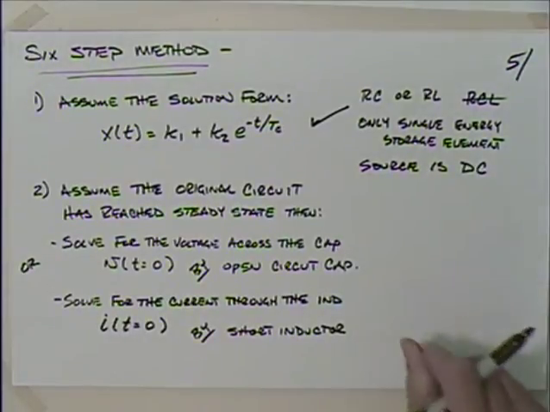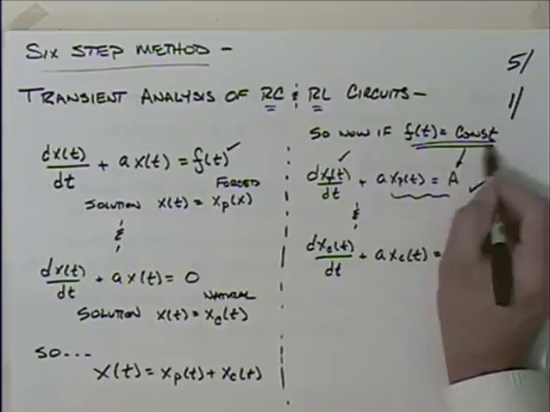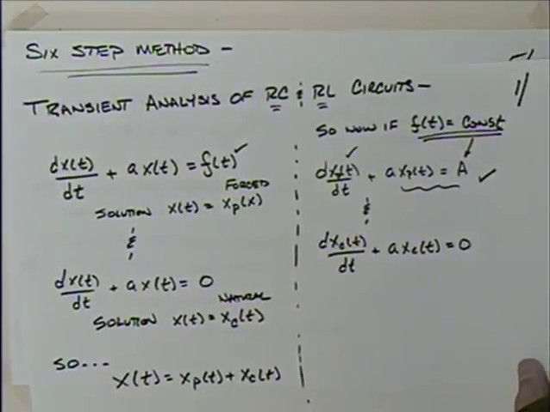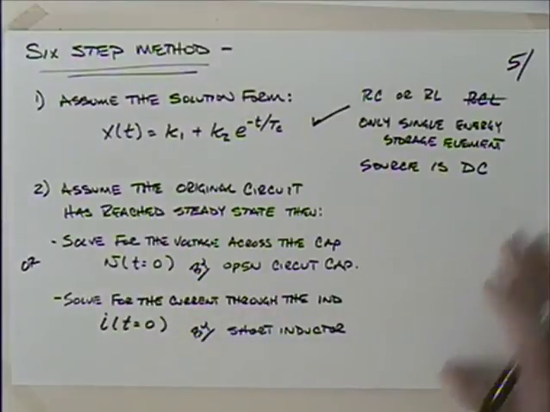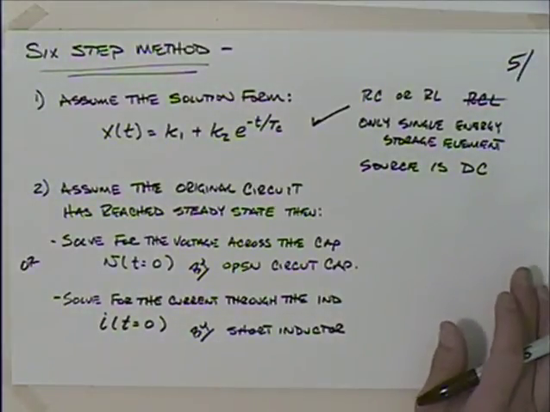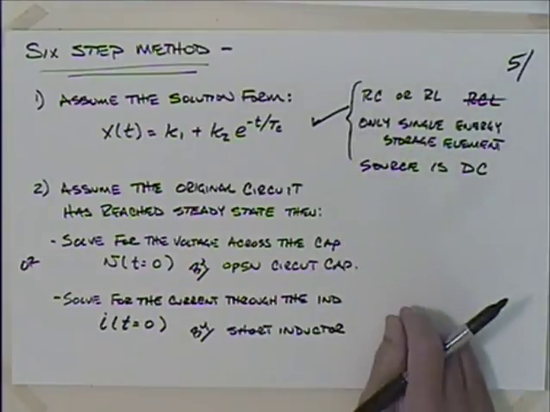Because remember, we said the forcing function way back here was derived assuming the forcing function was a constant. So we're going to take the forcing function as constant DC. If it's not DC, you're going to have to go back to that point and start again. So those are some criteria. A lot of good problems fall into those.